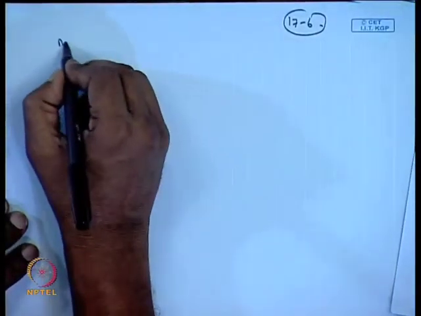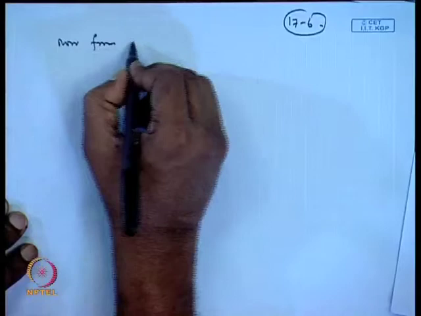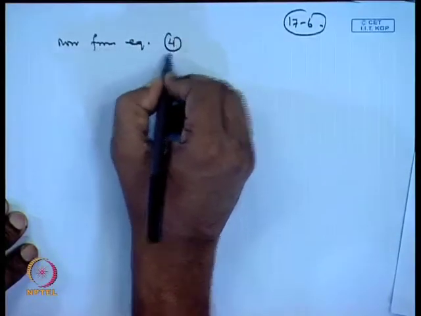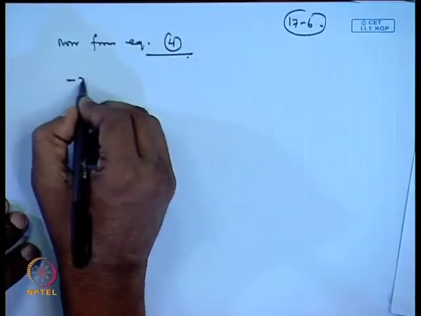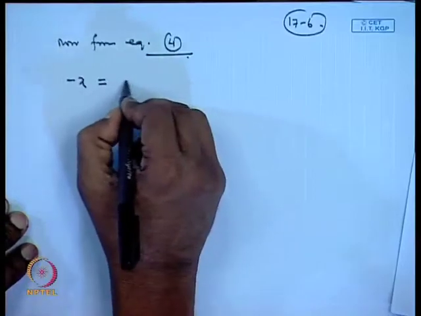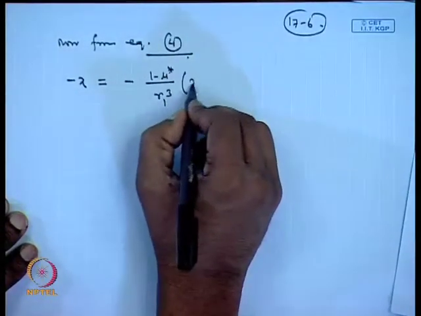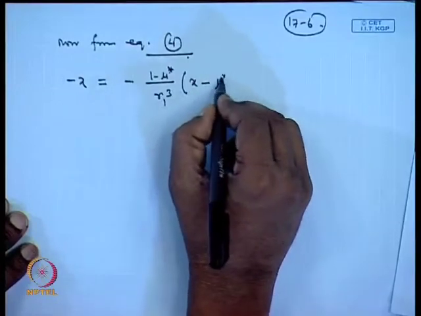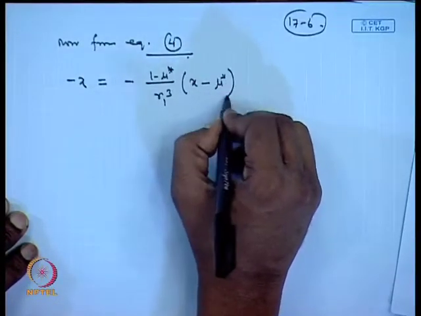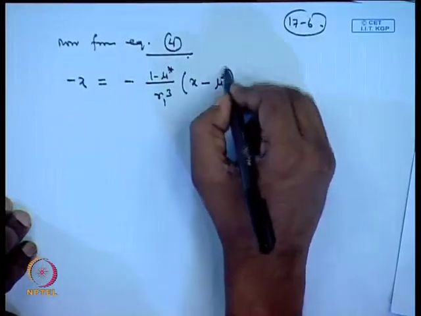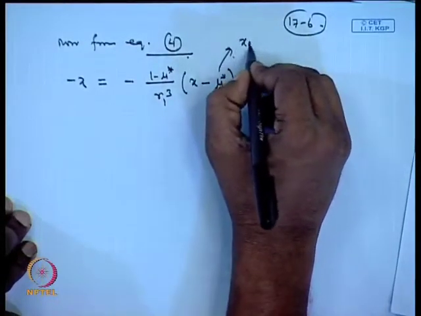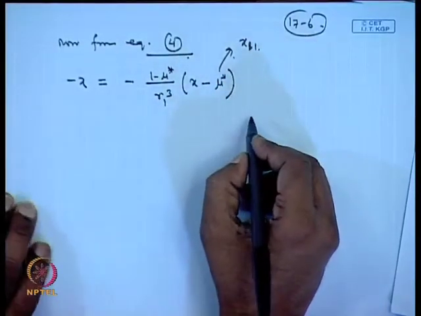Okay. Now, from equation 4, minus x is equal to minus 1 minus mu star by r 1 cube times x minus mu star. Here this quantity is nothing but x b 1, this we have explained in an earlier lecture.